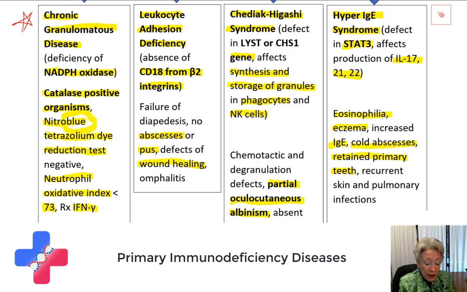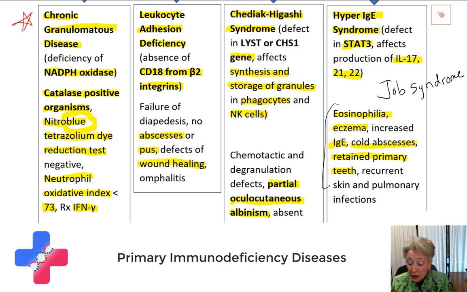This one had the name a while back of Job syndrome, alluding to the character in the Bible who had all of the problems that the Lord gave to him. Okay, so the problems of Job. And as you notice from this, it's sort of hard to understand what unifies these unless you remember how the signal transduction pathways work in my T helper cells that we discussed earlier.